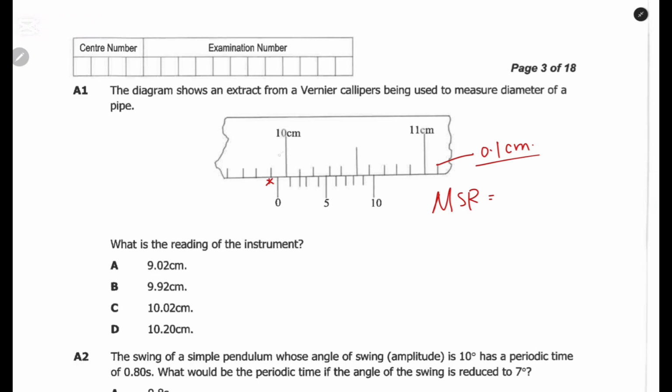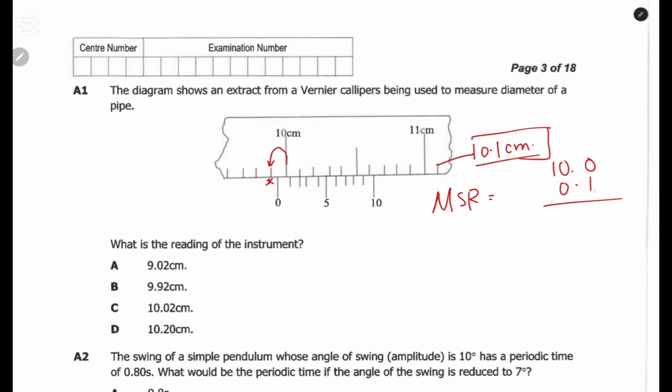So to find the reading at this point, the only way out is to subtract 0.1 per division that we move backward. We are going to move one step, which is one division, 0.1. So we subtract 10.0 minus 0.1, where 10.0 is just the same as 10.